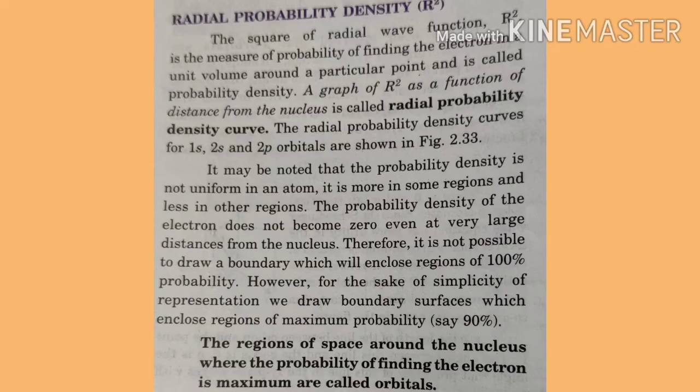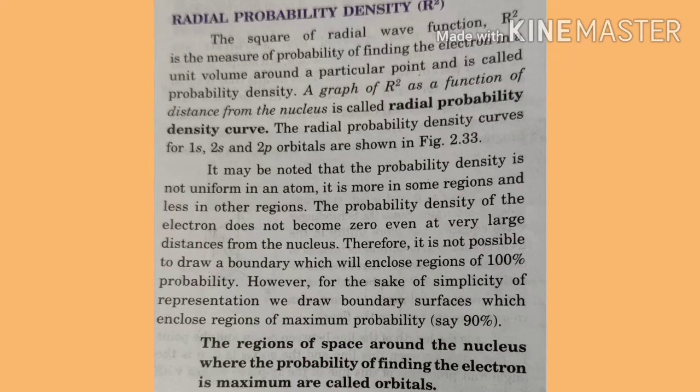It may be noted that the probability density is not uniform in an atom. It is more in some regions and less in other regions. The probability density of the electron does not become zero even at very large distance from the nucleus. Therefore, it is not possible to draw a boundary which will enclose a region of 100% probability.